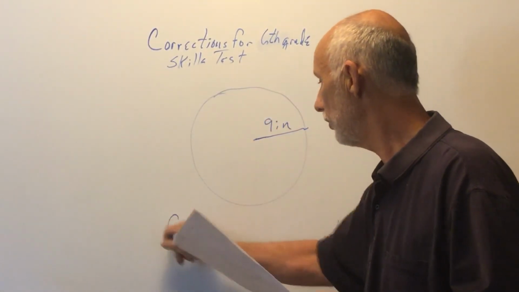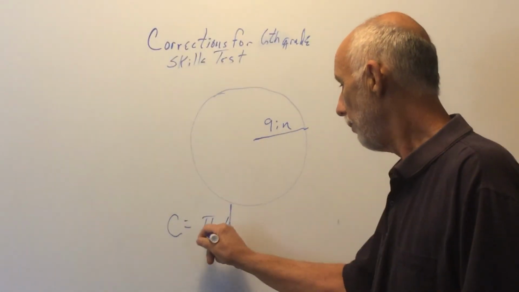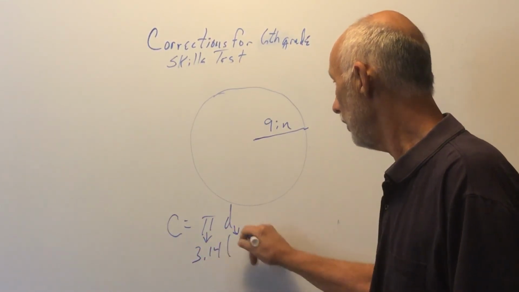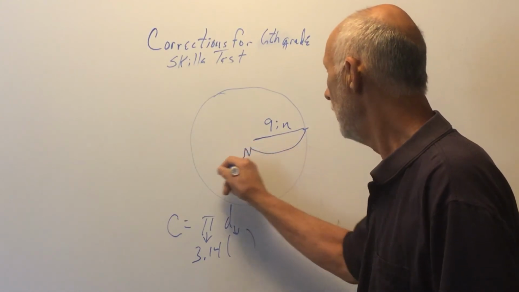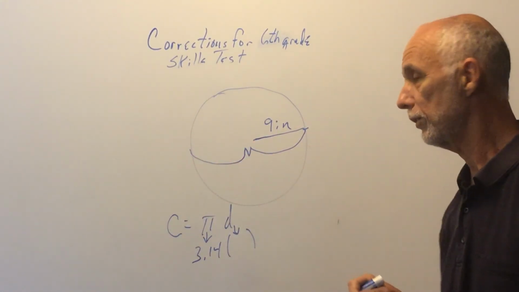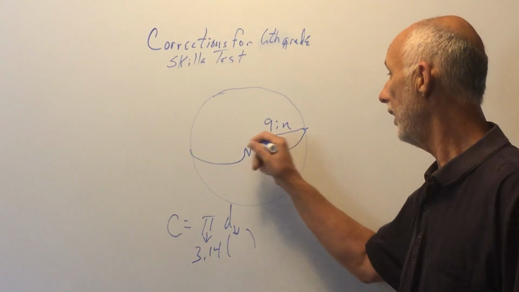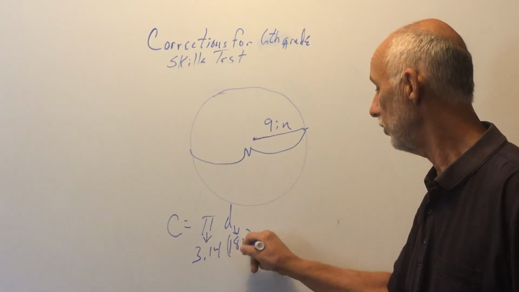And I asked you for the circumference, which is pi times diameter. Pi is 3.14. The diameter is all the way across. I didn't give you all the way across. I only gave you halfway across, because radius is from the middle out. So if that's 9, then this is 9, which makes the diameter 18 inches.